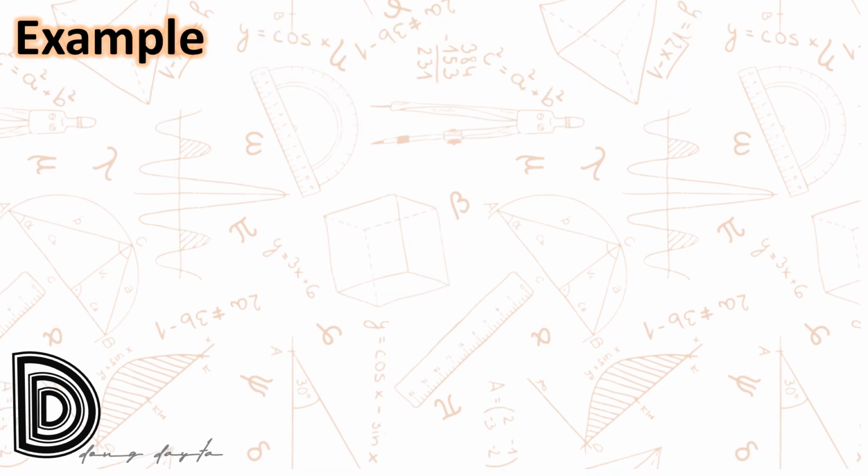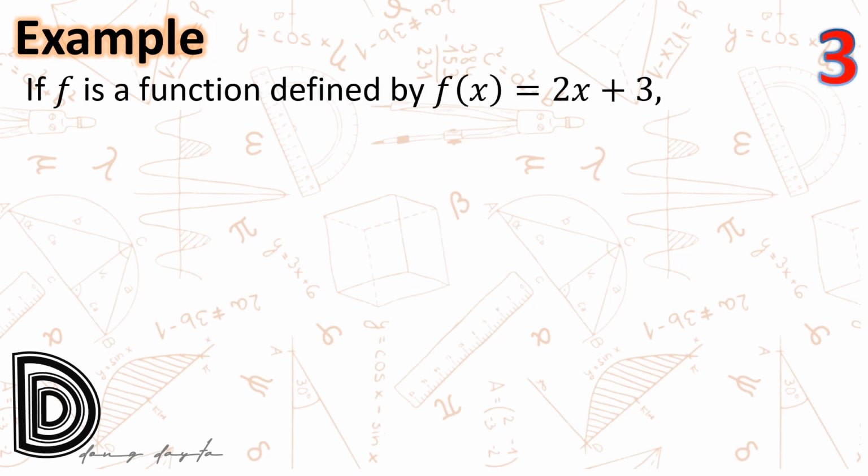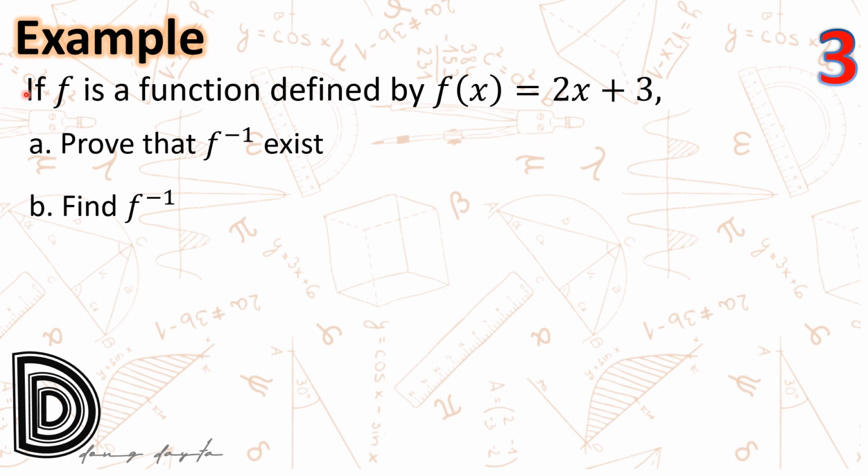For example, if f is a function defined by f of x equals 2x plus 3, letter A, prove that inverse of f exists. Letter B, find inverse of f.